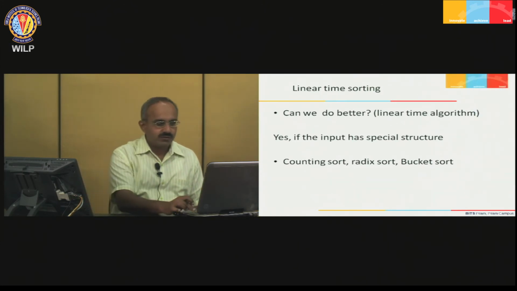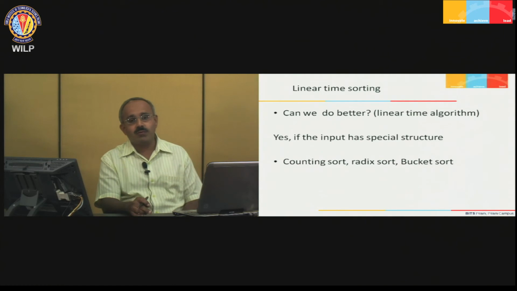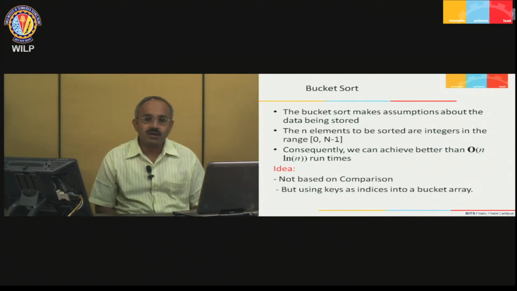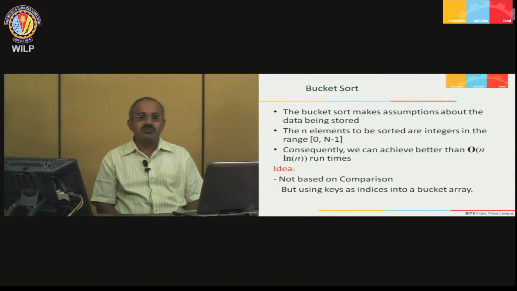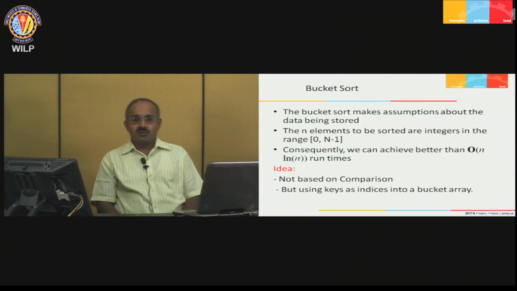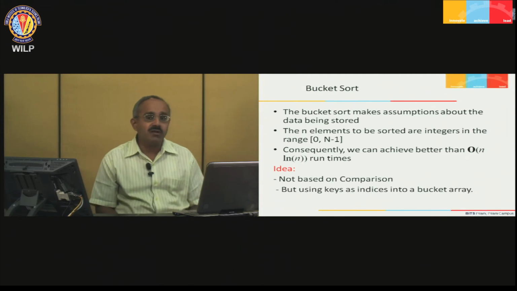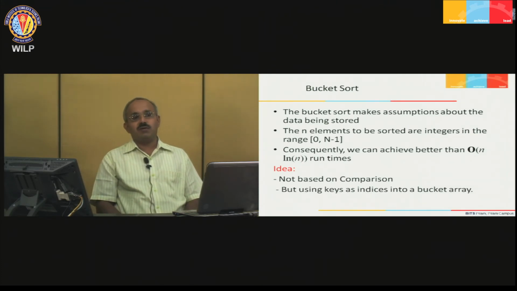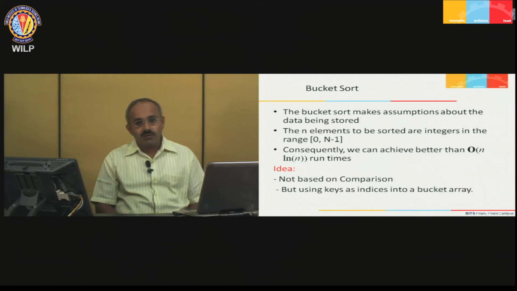So, let us look at what assumptions we need on the input for the bucket sort algorithm. The bucket sort algorithm makes an assumption about the data that is being sorted. We assume that the n element sequence that we want to sort lies in the range 0 to n minus 1. That means, we know beforehand the range of the elements that we are sorting. The number of elements can be many.